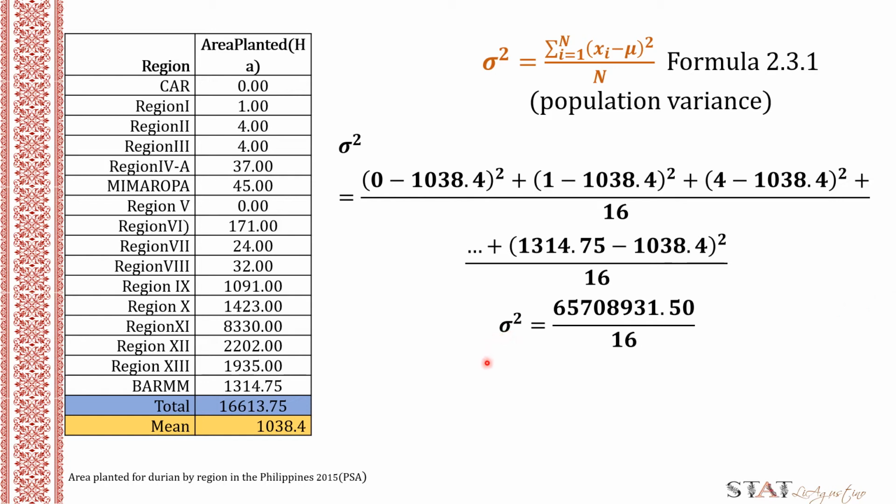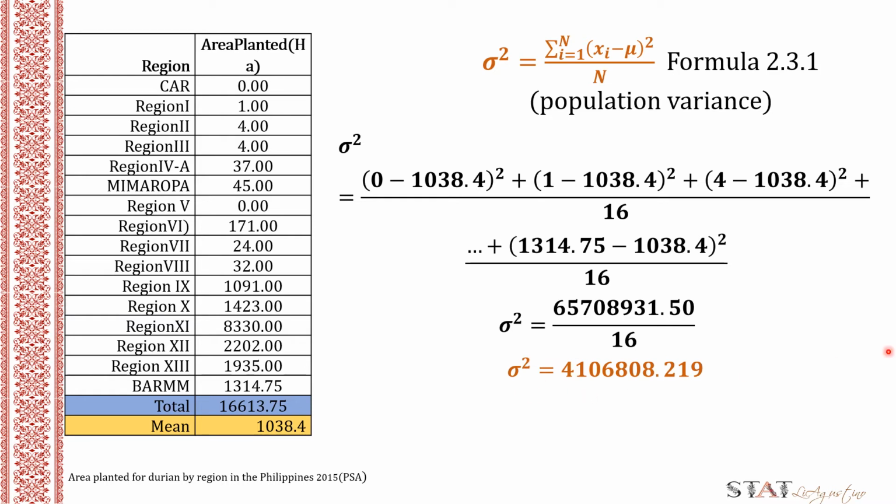Okay, so computing it with your calculator or your Excel, you will arrive at this value, 65,708,931.50 over 16. So our variance is like this.